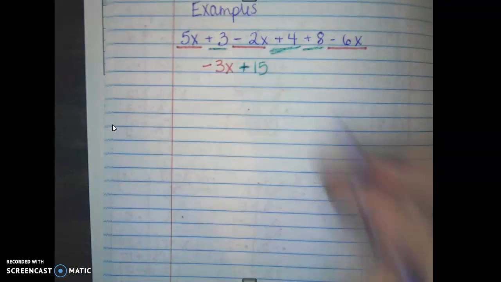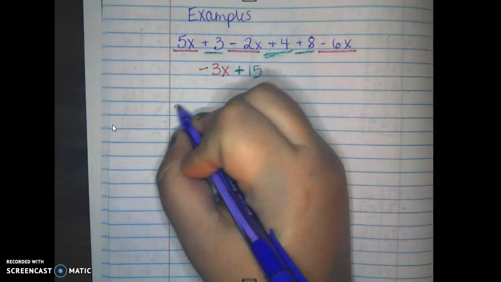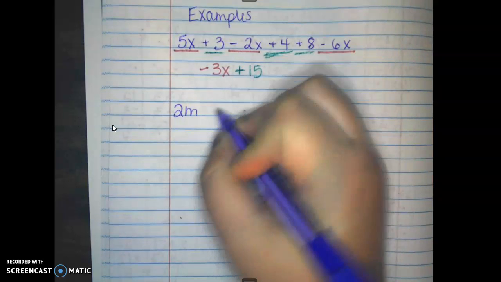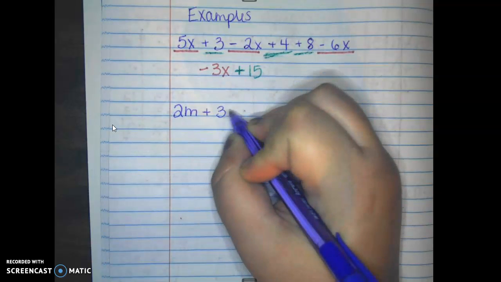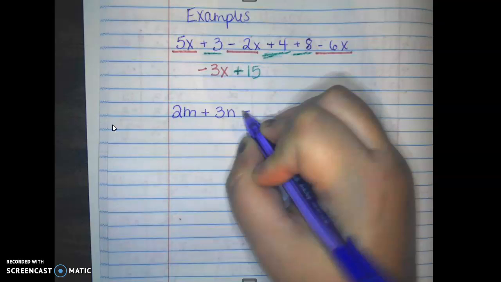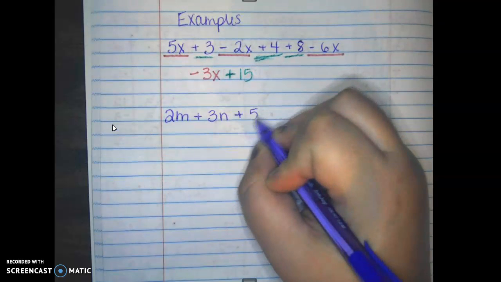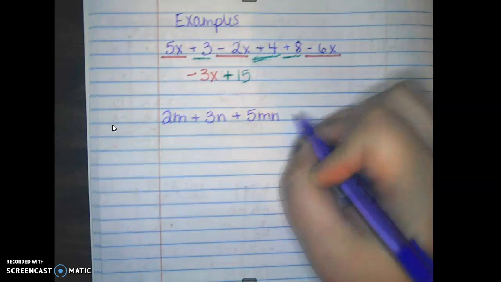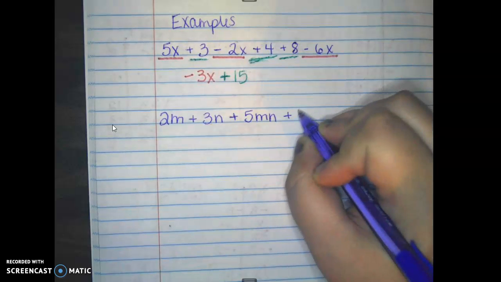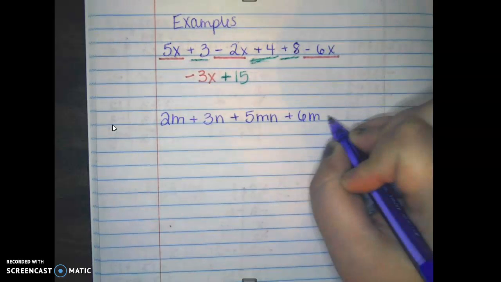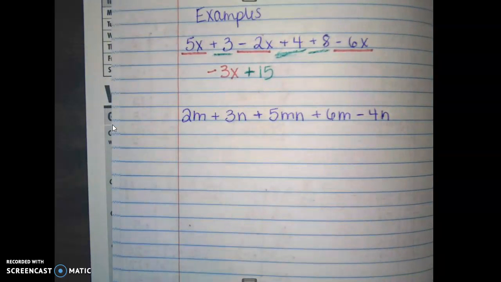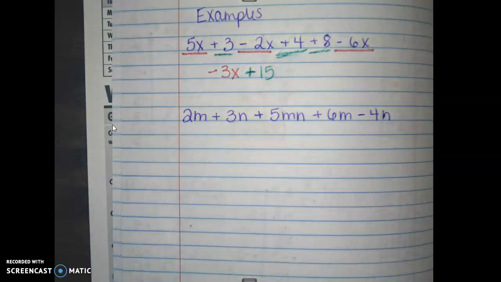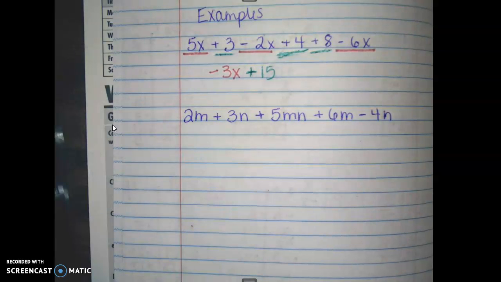Let's look at another one. Let's do something kind of crazy. Okay, so you're looking at that going M's and N's and lots of variety there.